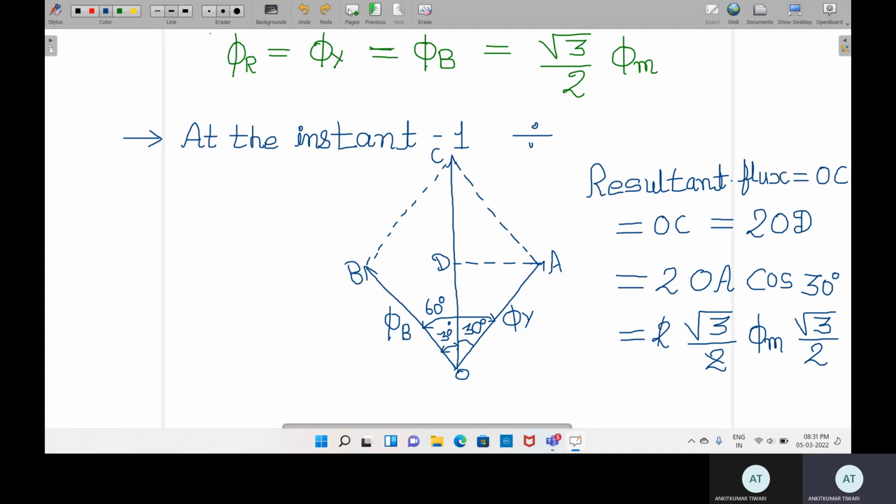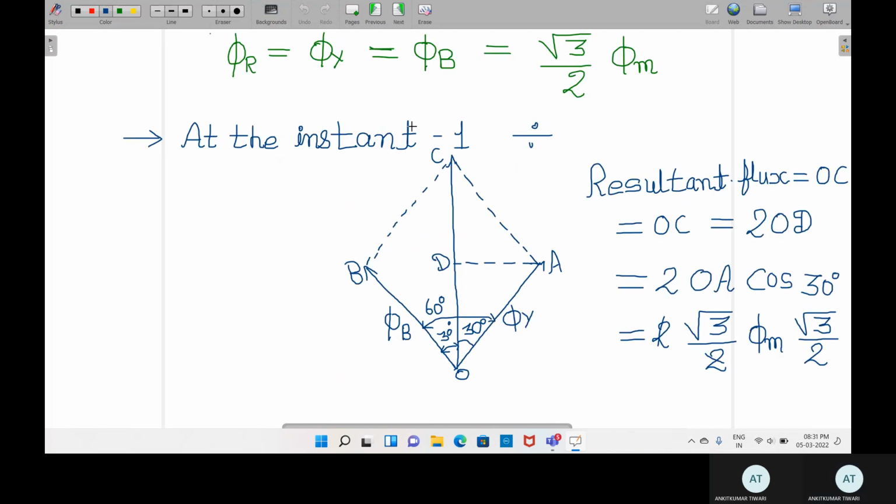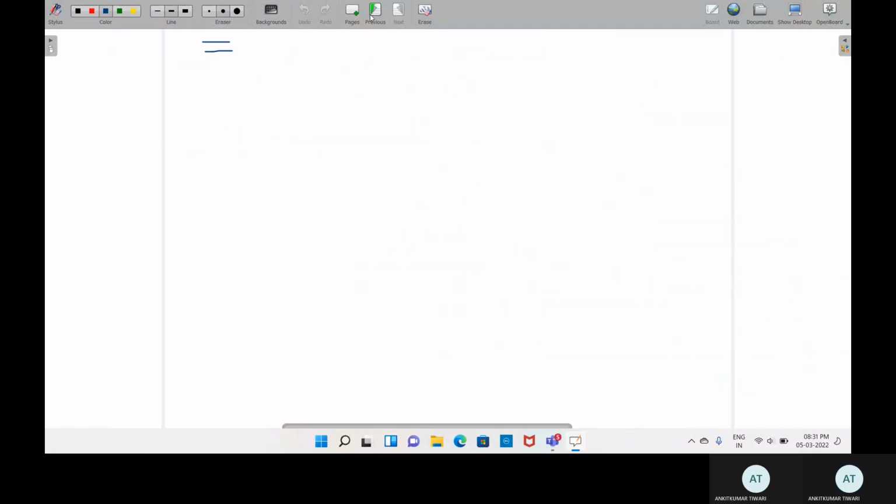I will draw it on the next page. So what will happen? Root 3 whole square divided by 2 into phi m.